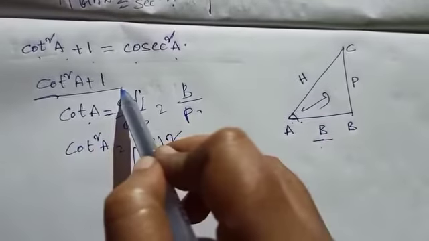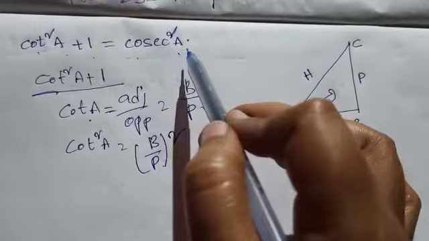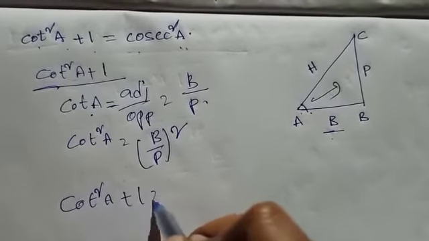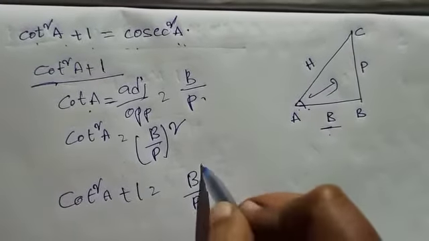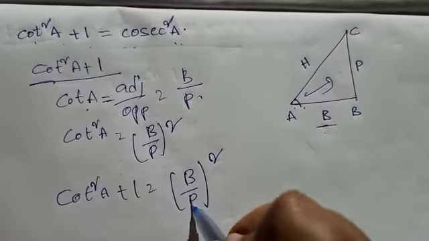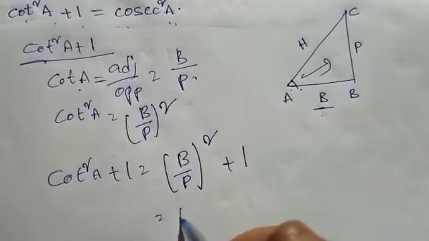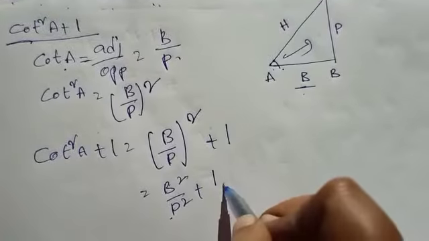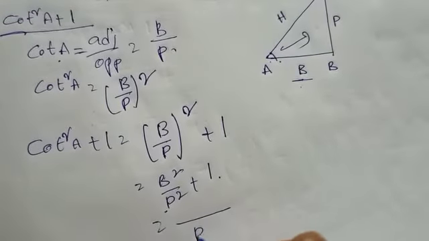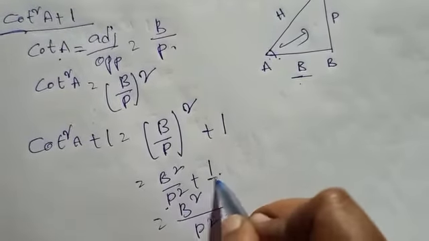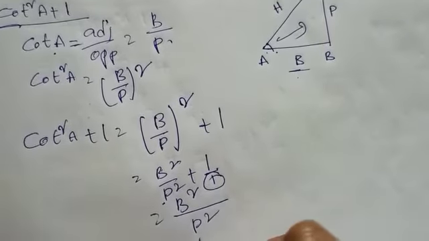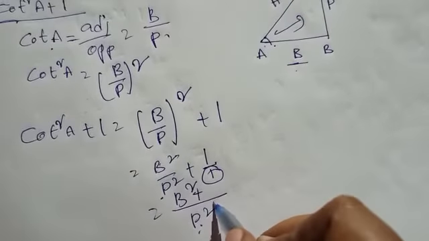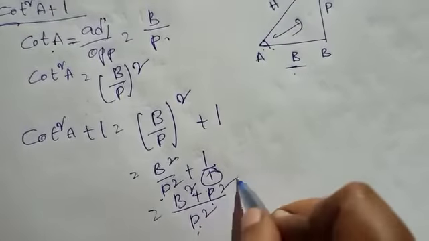LHS: cot square A plus 1 equals (B by P) whole square plus 1, which is B square by P square plus 1. Take LCM, P square: multiply the 1 by P square.